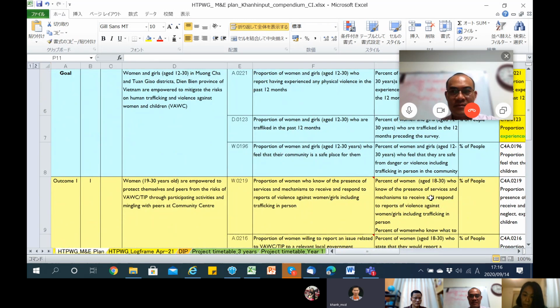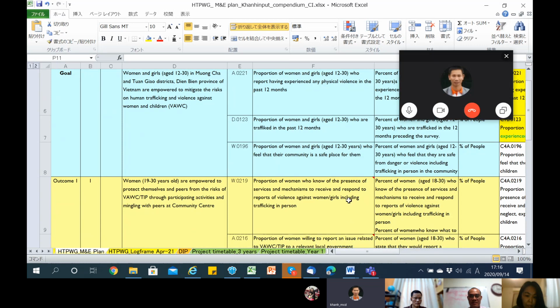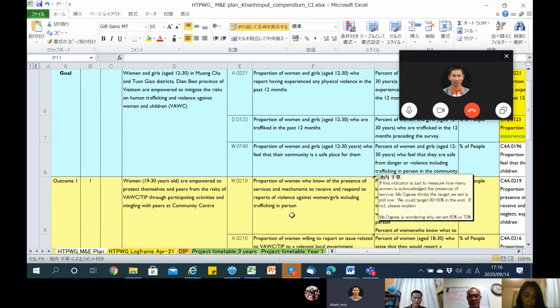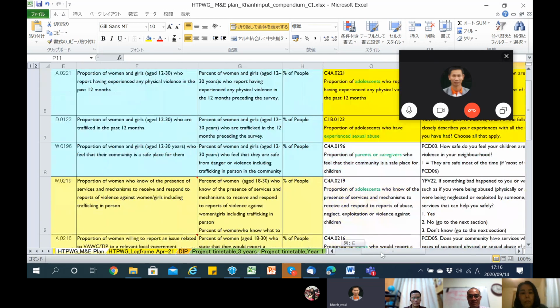The next indicator is the proportion of women and girls who are trafficked in the past 12 months. This is a count number, and we can use a data collector or secondary data.